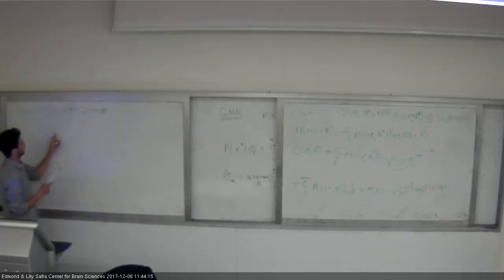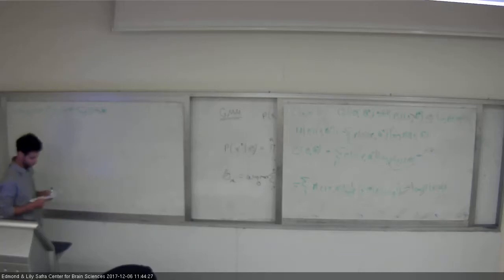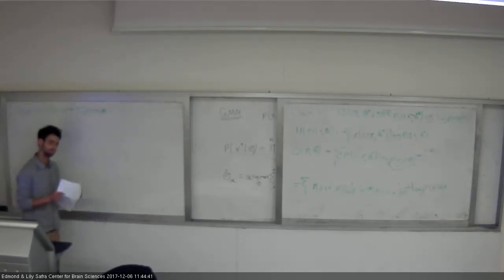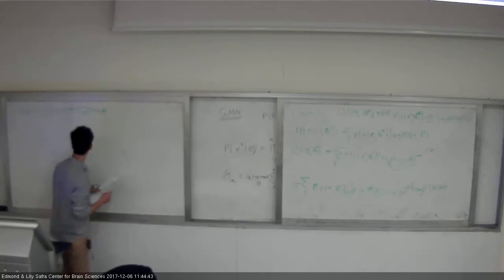Now here I can do the following trick: divide and multiply by p of z given x and theta hat, and then I can decompose it into two terms, because inside the log again I can decompose the multiplication.